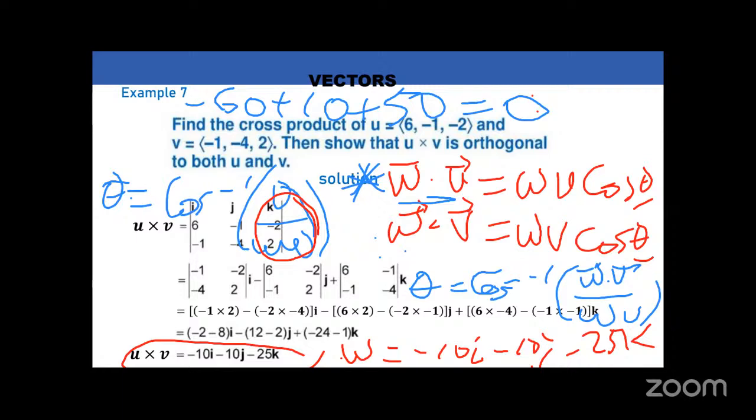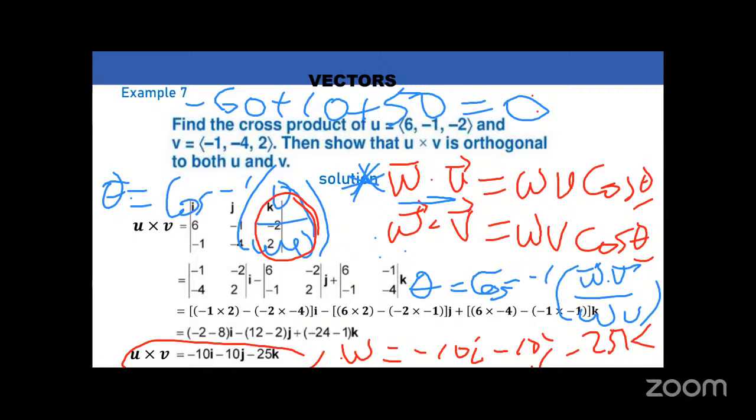90. Second function of cos 0 is what? 90. Because cos 90 is 0.